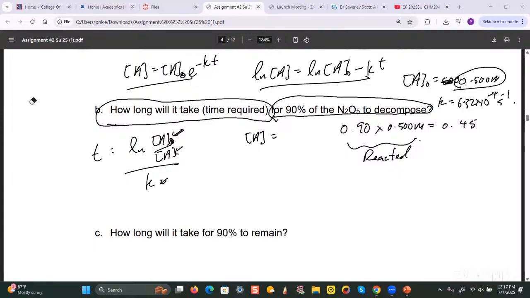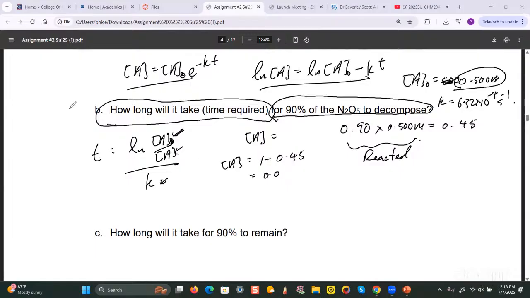So therefore, the concentration of A would be equal to, let me do it down here, 0.500 minus 0.45. Sorry, I don't know what I was thinking, this should be 0.5.